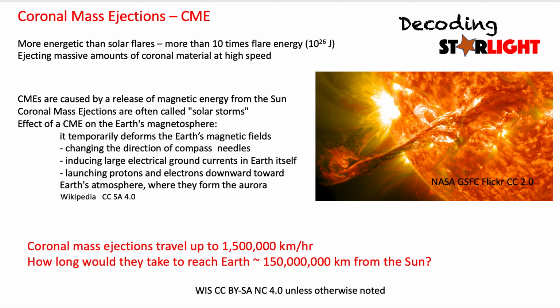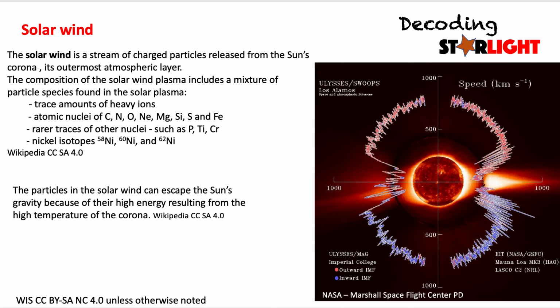The coronal mass ejections can deform the Earth's magnetic fields, change the direction of compass needles, cause large electrical ground currents, and send protons and electrons down through the atmosphere, where you have an aurora, northern lights in the northern hemisphere, southern lights in the southern hemisphere.